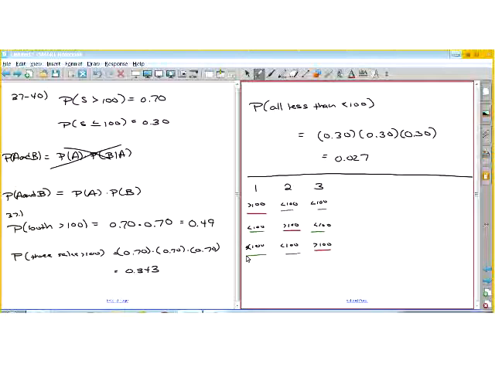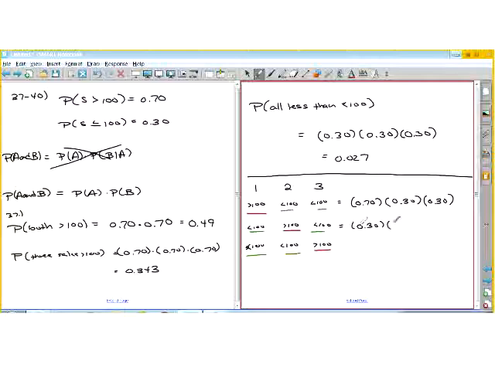So it's exactly 1. There are three cases where that happens. So the probability of this case happening is going to be the case for greater than 100, which is 0.7, times the probability of getting less than 100 for the second case, and less than 100 for the third case.